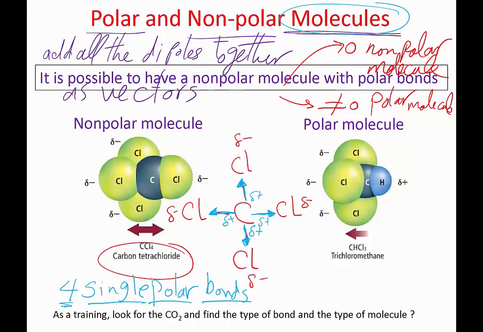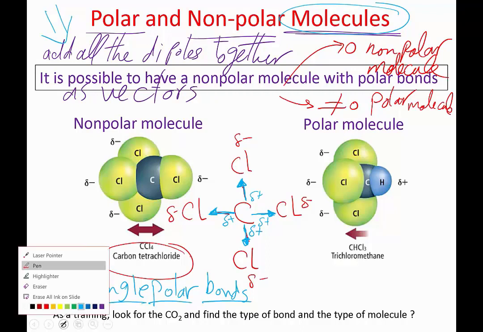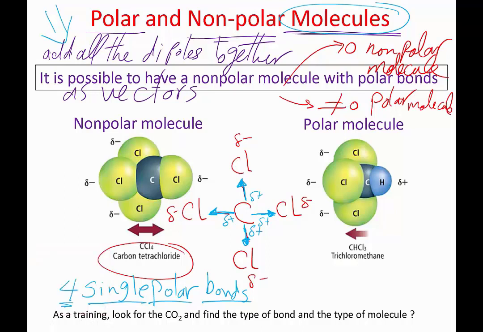I said one of the methods is to add all the dipoles together and find the result. What's the result of adding all the dipoles together? 0, right? Because the right one will cancel the left one, and the upper one will cancel the down one, so the total is 0.